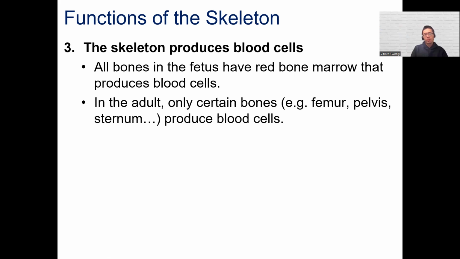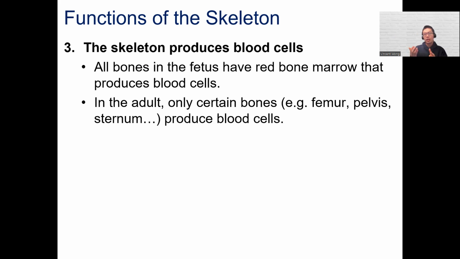Okay, so all the bones are going to be actively producing blood cells, not just red ones, all kinds of blood cells, red cells, white cells, platelets, what have you. When it's in a fetus, all the bone marrows are going to be doing this. But in adults, only certain bones will have active red bone marrow.